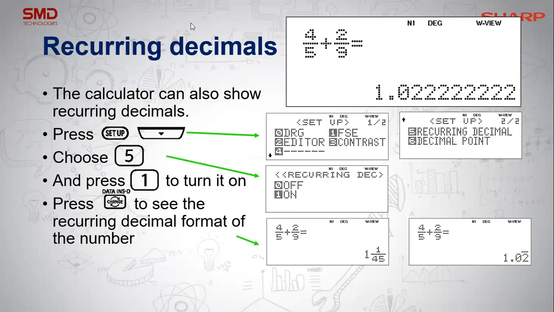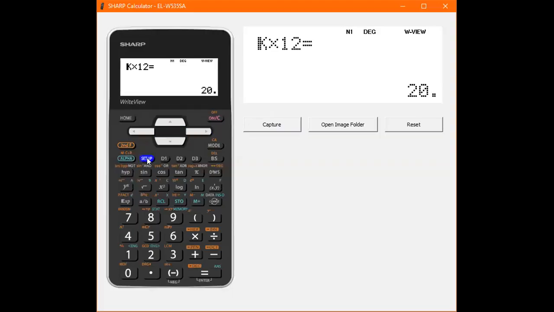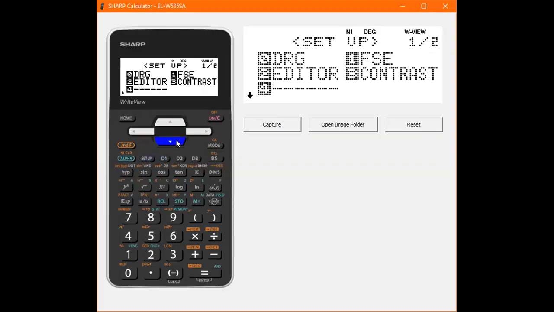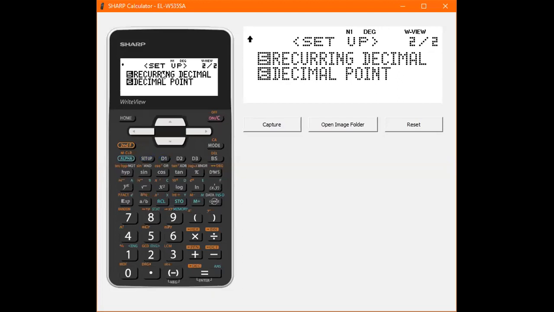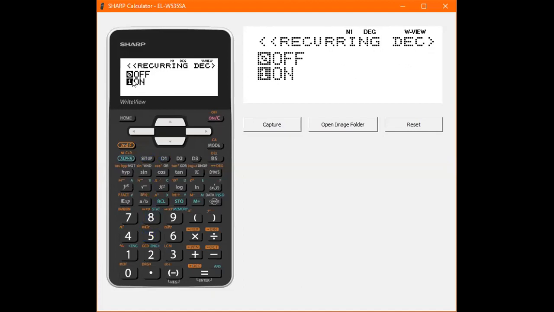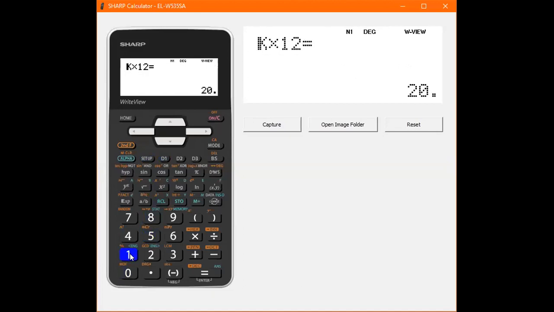So as I mentioned, you can set it up to display recurring decimals. So to do that, you press setup, press your down arrow key, and choose 5 for recurring decimal, and then just turn it on by pressing 1. Now, when you have a recurring decimal, so let's say 37 divided by 11, right?